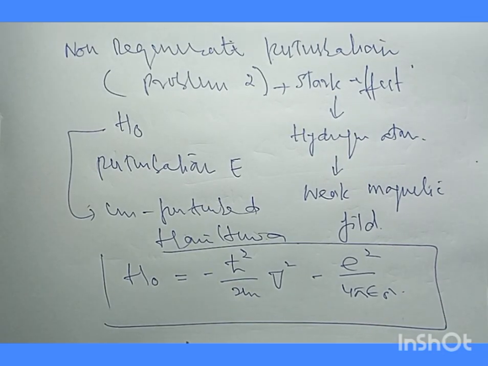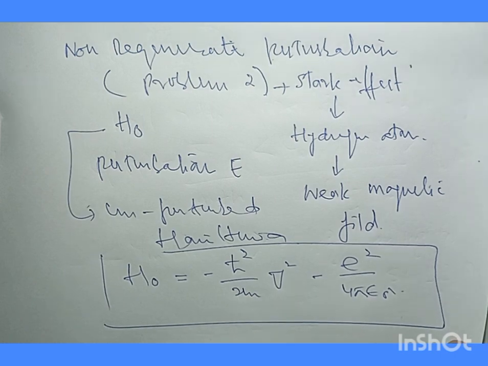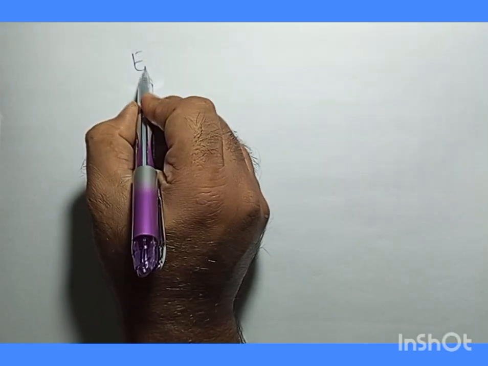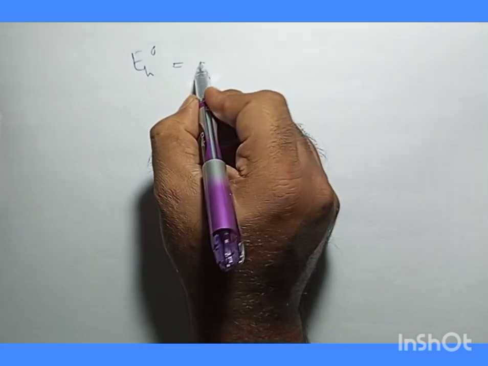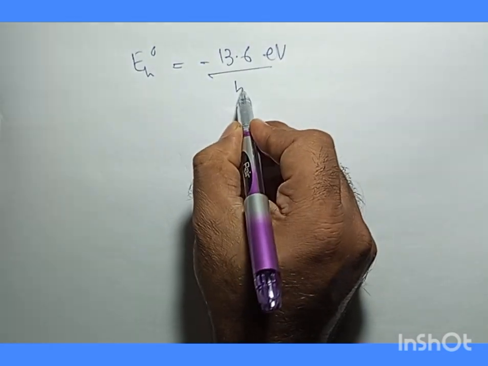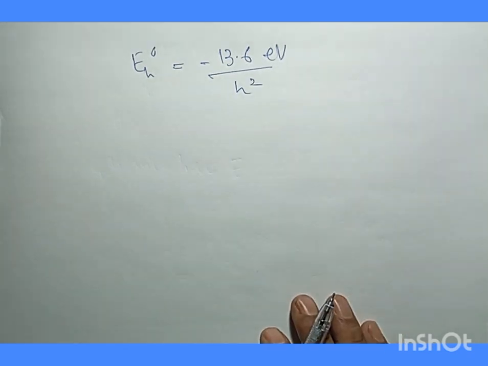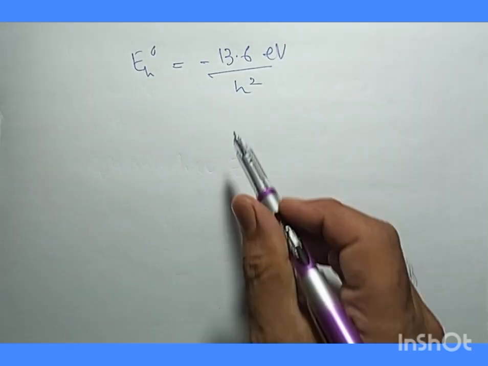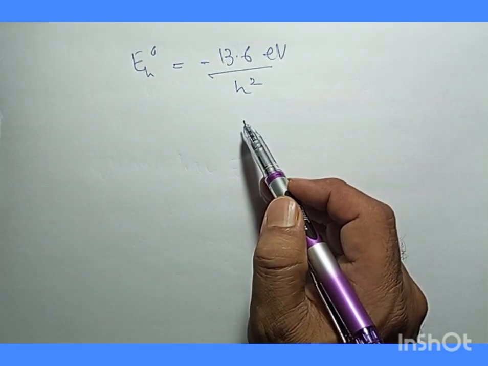The eigenstates of H naught are known from standard quantum mechanics, and the zero order energy levels are minus 13.6 electron volts divided by n squared, where n is the principal quantum number.